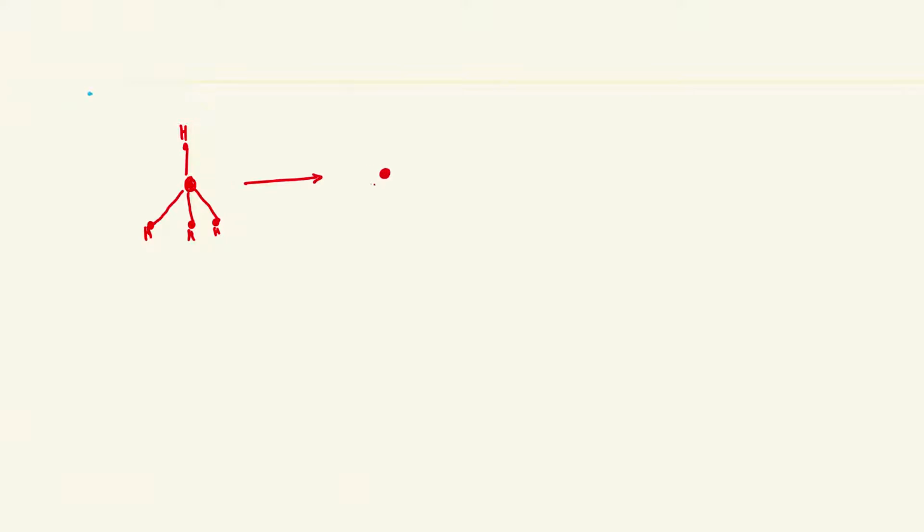This is my carbon, one spring connected to a hydrogen atom, another spring connected to another hydrogen atom, and so on for all four hydrogens. This is known as the ball model, and this is for methane.